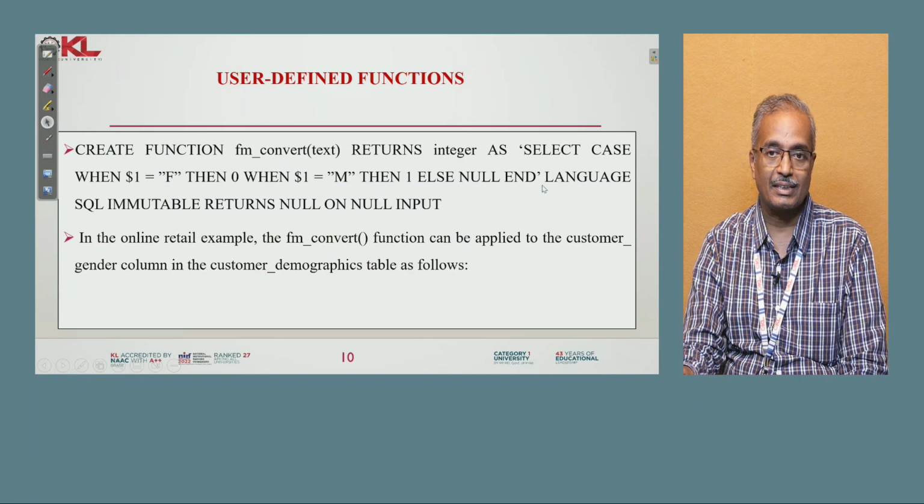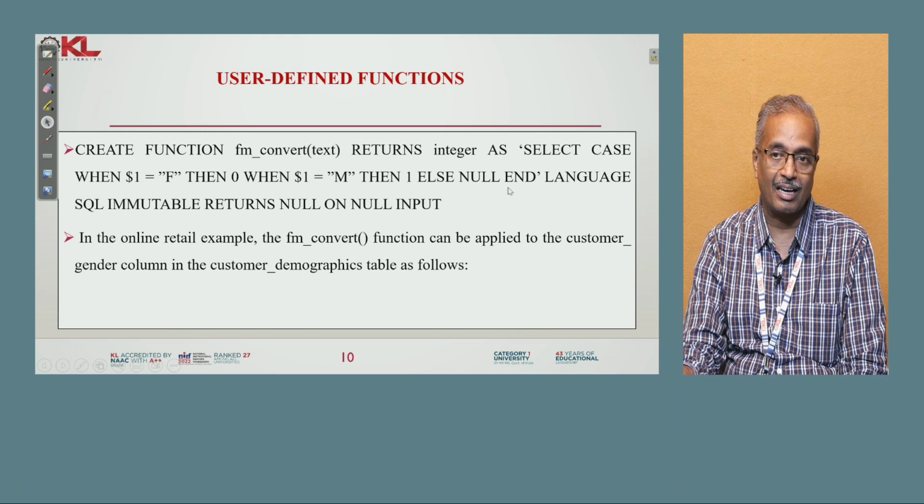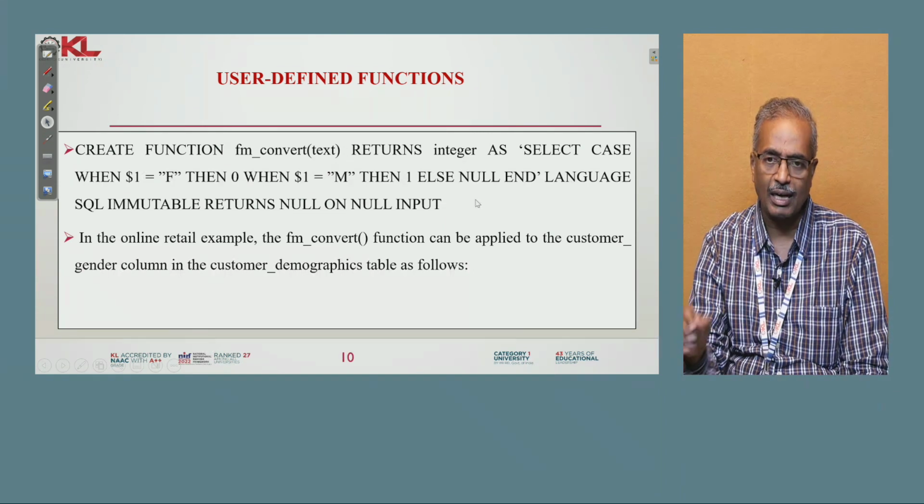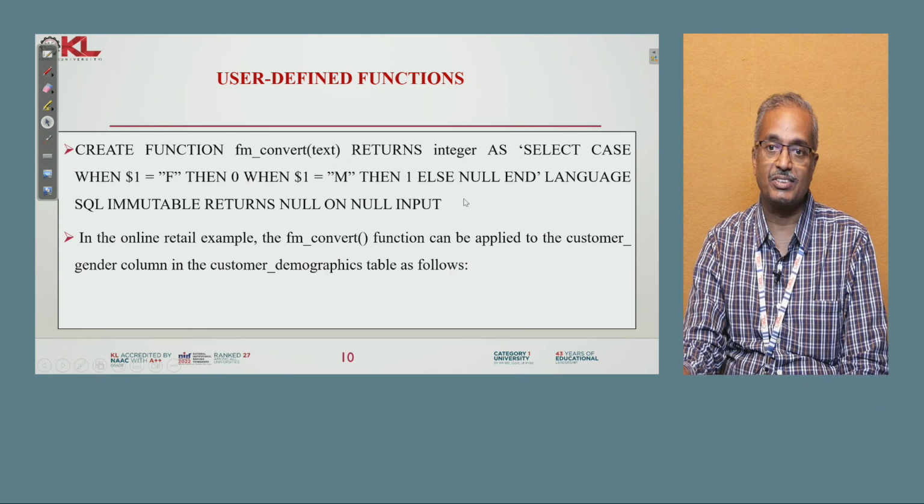What is the SQL query we are writing? Select case when $1 is equal to F then 0, when $1 is equal to M then 1, else null. Sometimes there may be a third type of attribute, that is transgender.